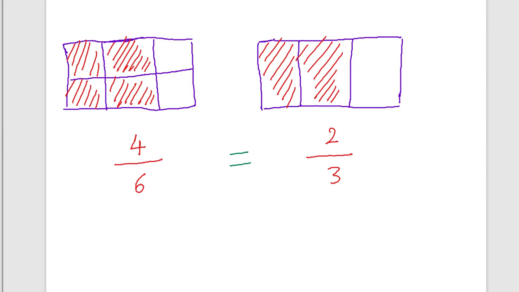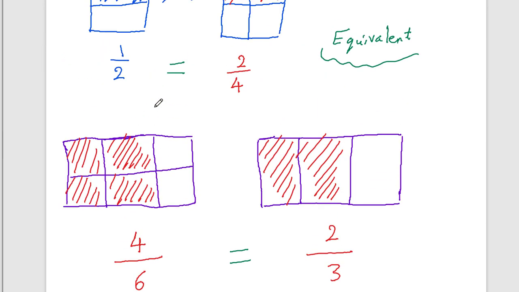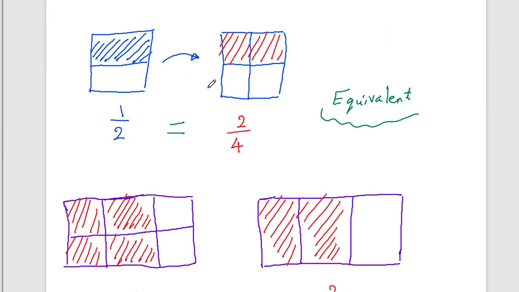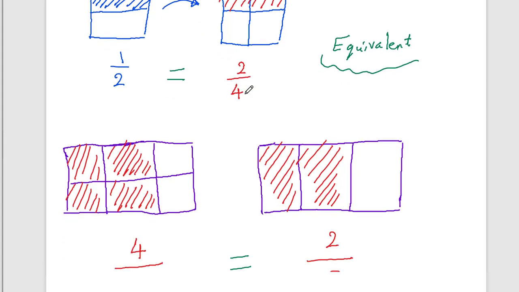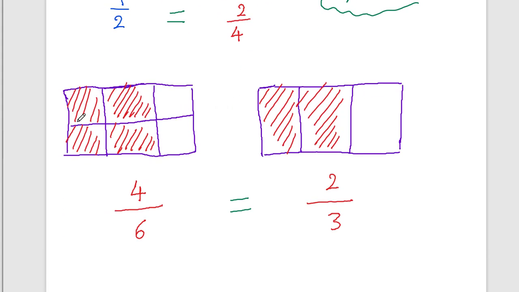The only difference is dividing one of them more than the other. So as you can see here, we can divide the shape more to get an equivalent fraction, and also we can cancel division to get an equivalent fraction. This is how we can use area models.